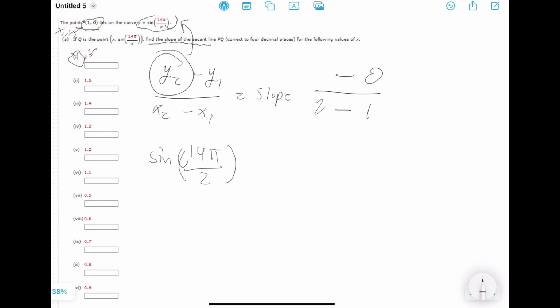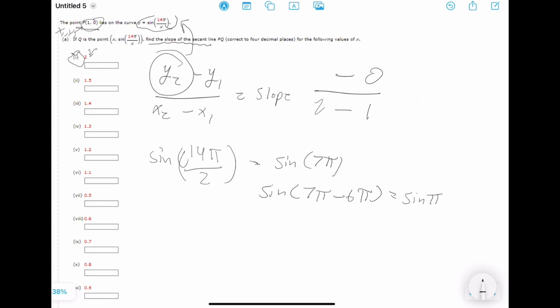The first thing I do is just divide 14 and 2, so I can get sine of 7 pi. And then I break down the sine 7 pi by subtracting 6 pi, so we can isolate the pi. So sine of 7 pi minus 6 pi would equal sine of pi.